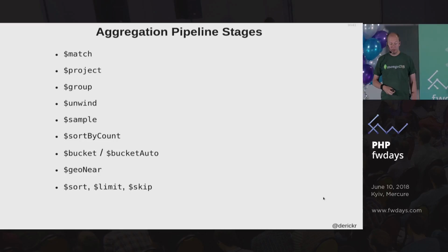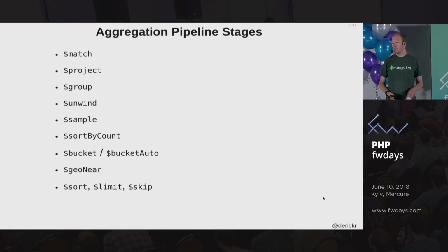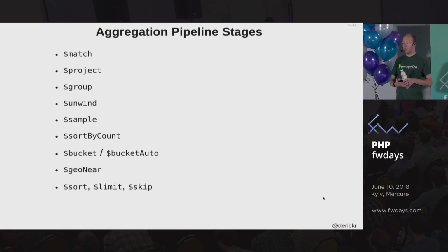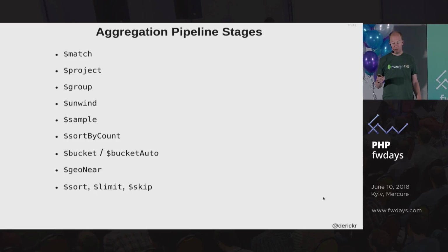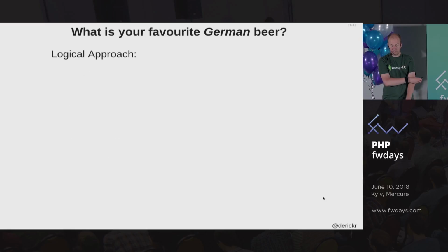Sample gives you 1,000 random documents out of a collection, which is kind of handy sometimes to test out your queries with, because if you have 10 million documents, you don't want to run the aggregation on that and figure out that you made a mistake, because it takes a lot more time. So sample is useful there. And there's a whole bunch of more specialized options as well.